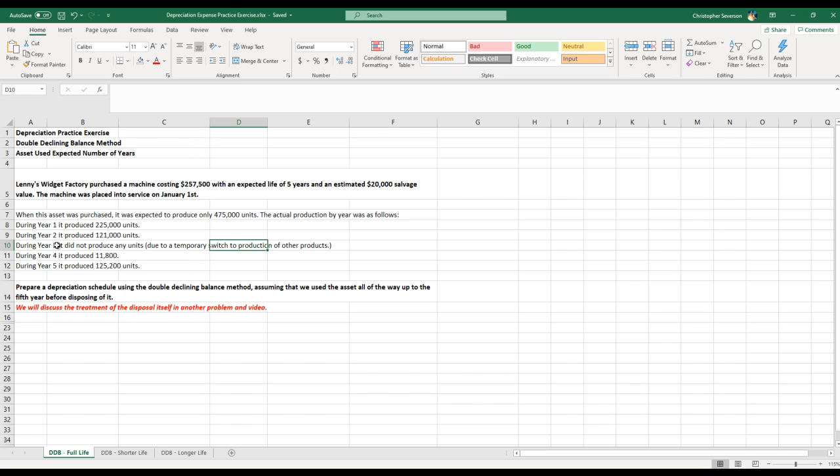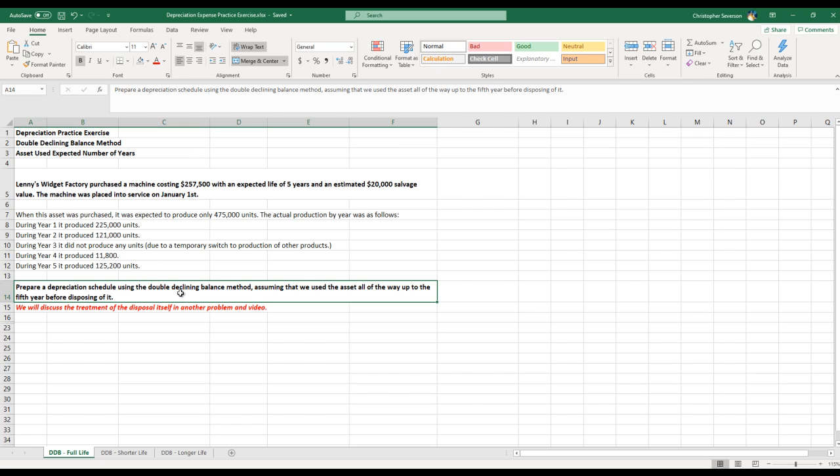If it was a permanent retirement and we were done with it by year 3, that's a different story, but that's not the case because we bring back and start producing in year 4 and 5. So year 3, the fact that it didn't produce anything does not matter for our straight line or double declining balance method. So we want to prepare the depreciation schedule using double declining balance method.